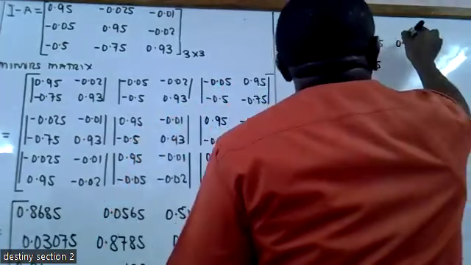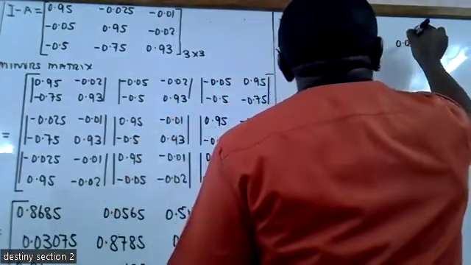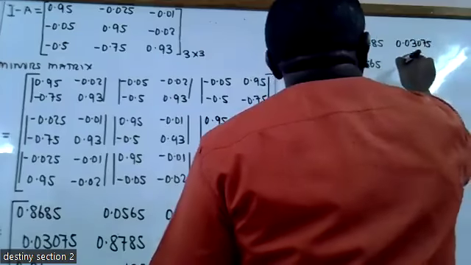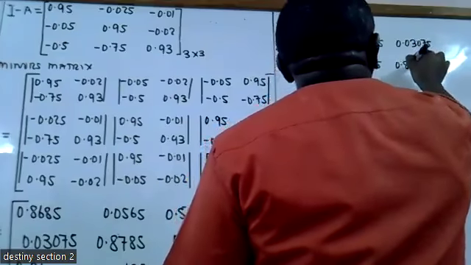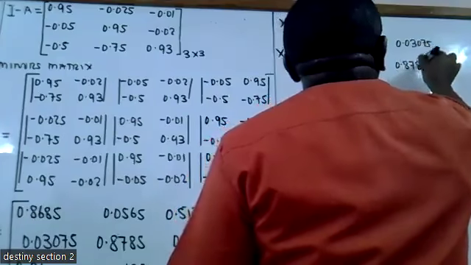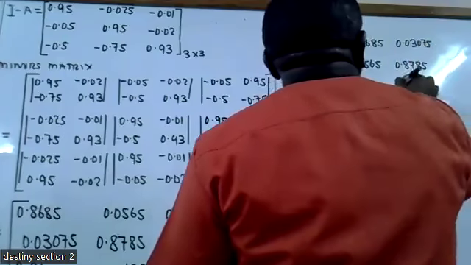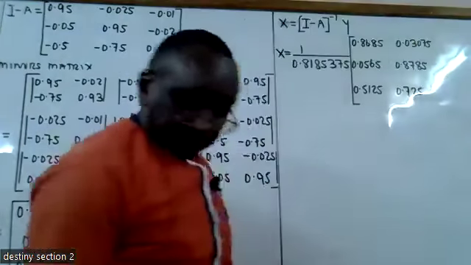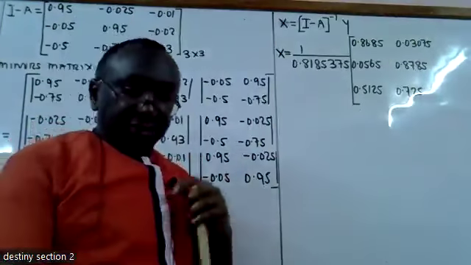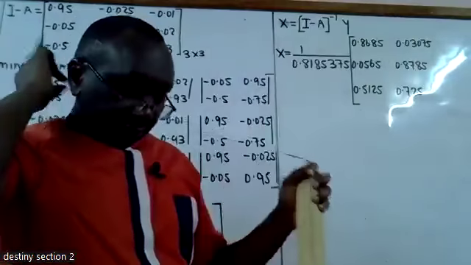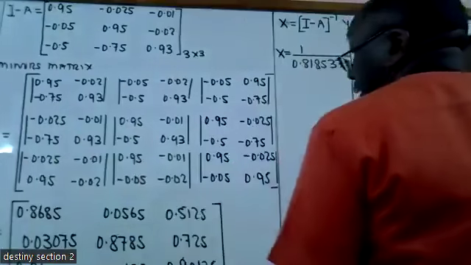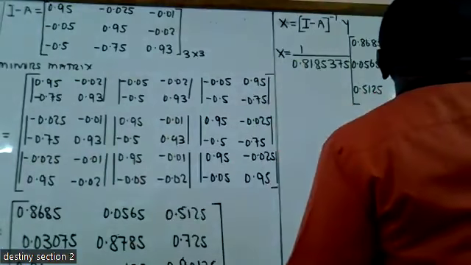Higher. 0.03075, 0.8785, 0.725. Haya, huyu mwingine atakuwa 0.01.